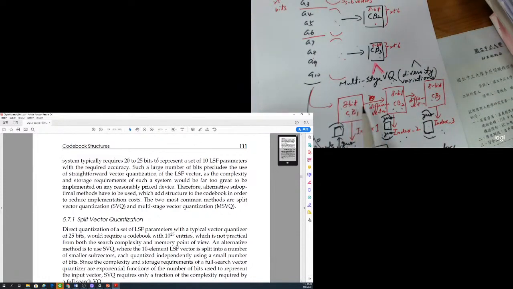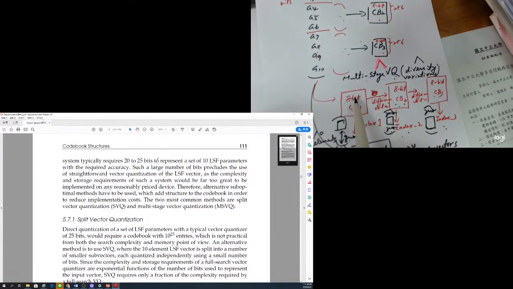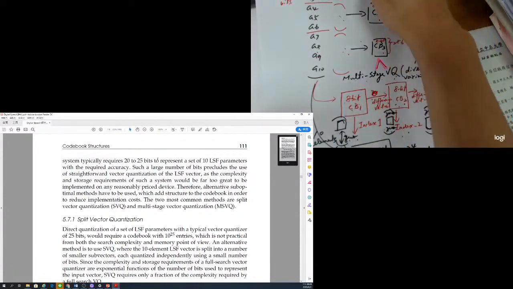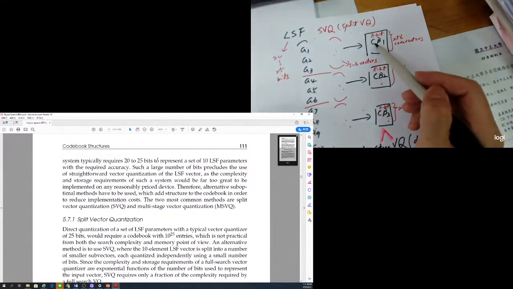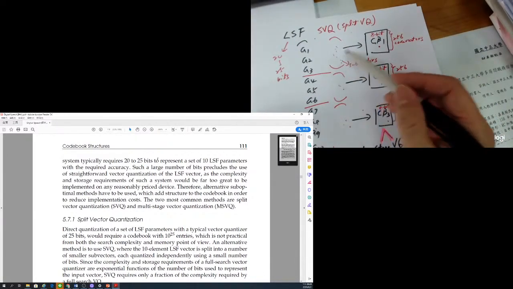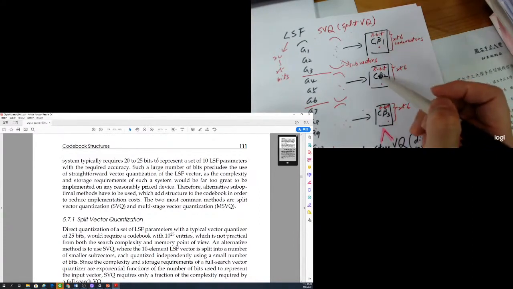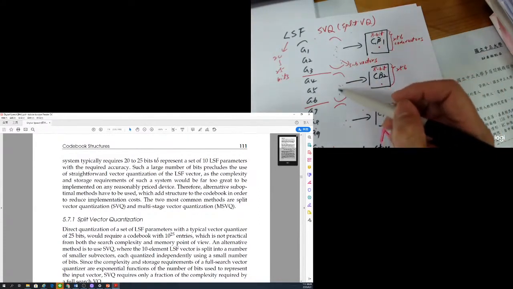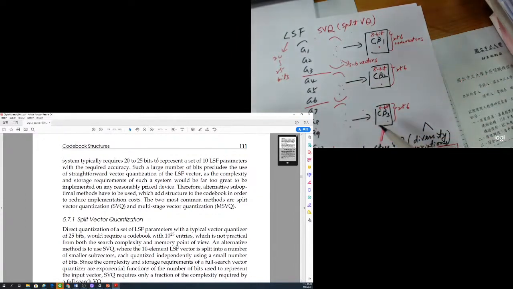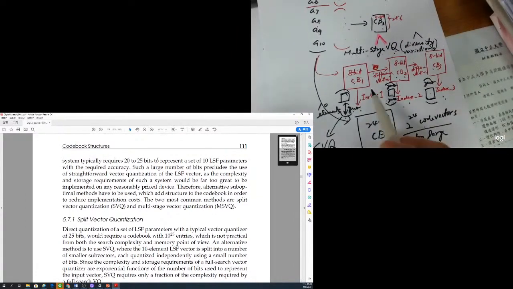However, the complexity is higher, because in codebook vector matching each codevector has 10 elements, so your calculation involves 10 elements. For split vector quantization, the first codebook only uses three elements for subvector matching, the second only three elements, and so on. But in multiple stage, each codebook uses all 10 elements to do the codevector matching, trying to find the best match.